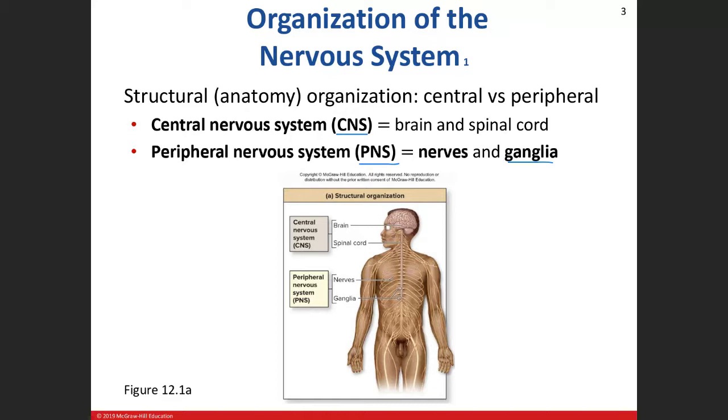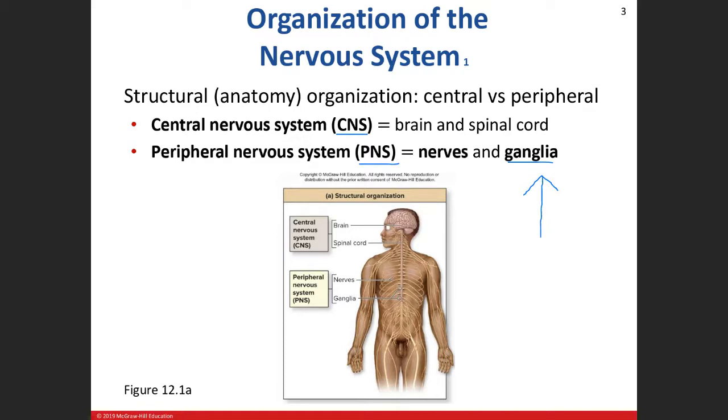Well, when we have a collection or clustering of the cell bodies, that's going to be a ganglia. So you need to know the definitions of those. Nerves: a parallel bundle of axons in the peripheral nervous system. The ganglia is going to be a cluster or grouping of cell bodies. And I'll tell you what's going on in those clusters.